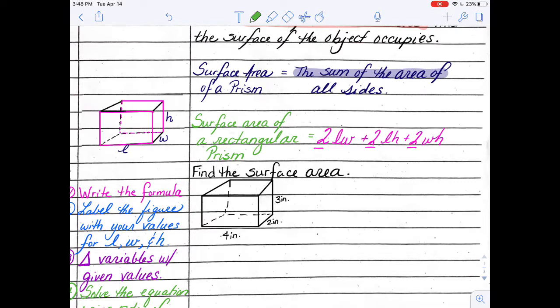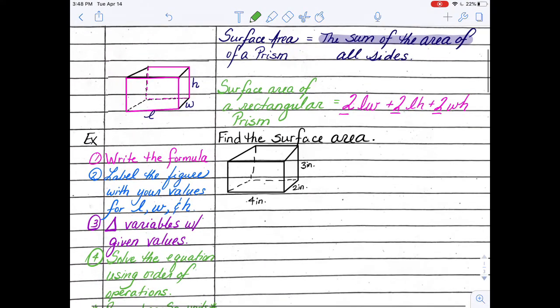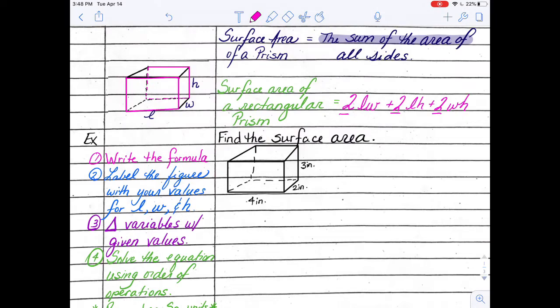So I'm telling you there's a formula. You can take just one of those sides and then multiply it by 2. So let's go ahead and try one here, writing our formula. Let's write that formula I just gave you for a rectangular prism or even a cube.